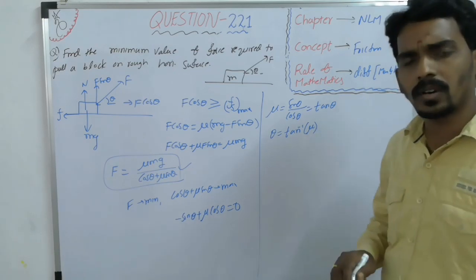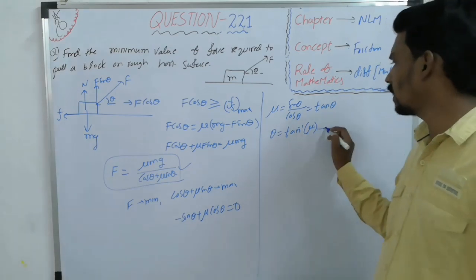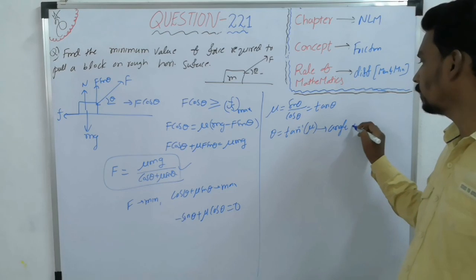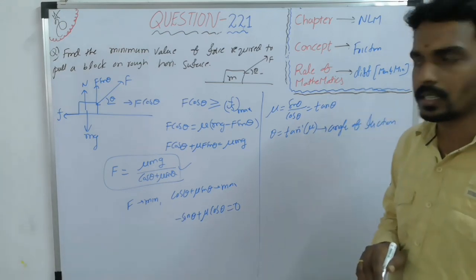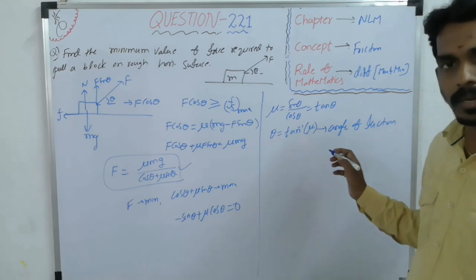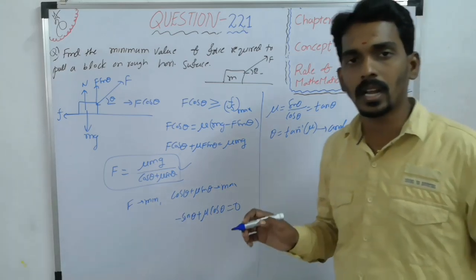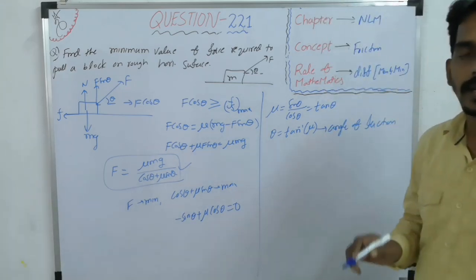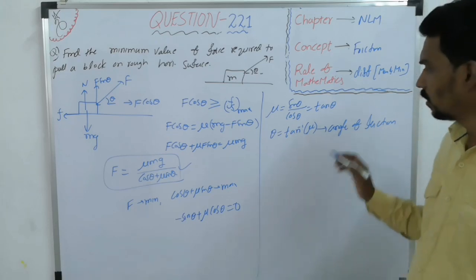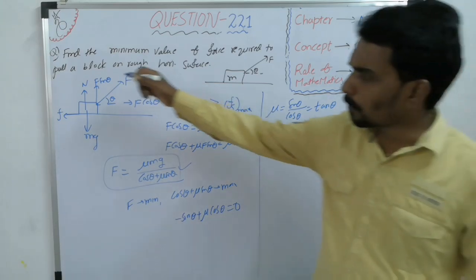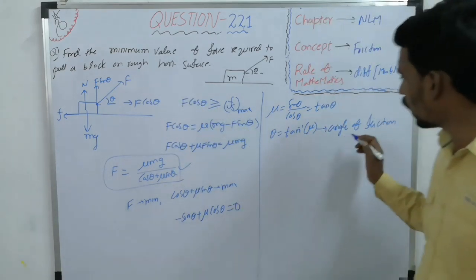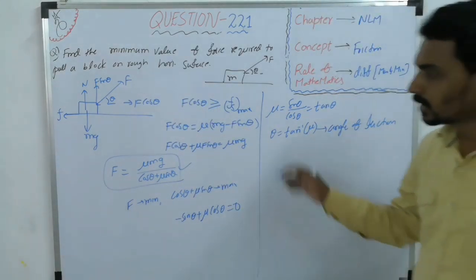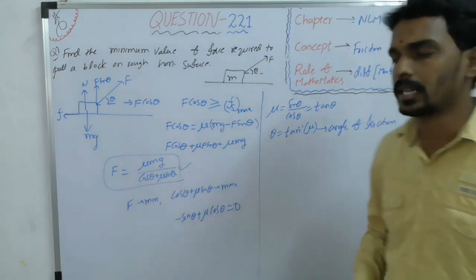But what is tan inverse mu? This is nothing but the angle of friction. Angle of friction is the angle between the contact force and the normal reaction. So you have to apply the force at an angle with the horizontal exactly equal to the angle of friction. Then the force required is minimum.